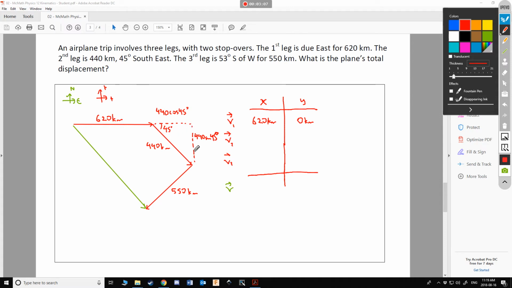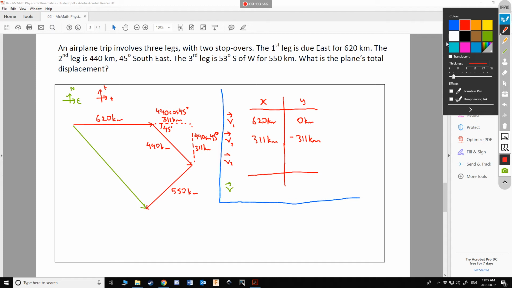So we type in 440 cos 45. You know the x and y components are just going to round to 311 kilometers. So I know that, okay, it has an x component of 311. However, the y component, be careful, it's going down, so I'm going to write down negative 311 kilometers.